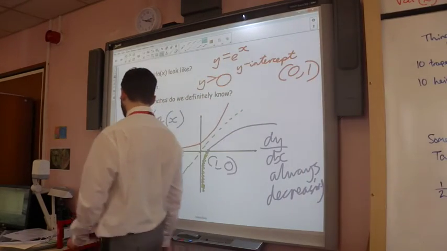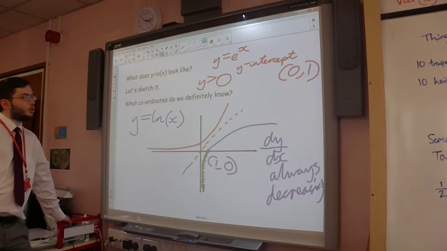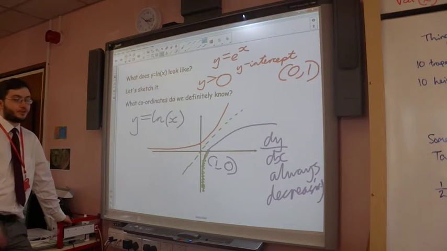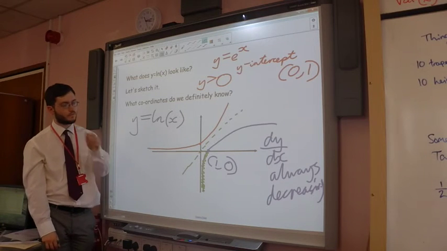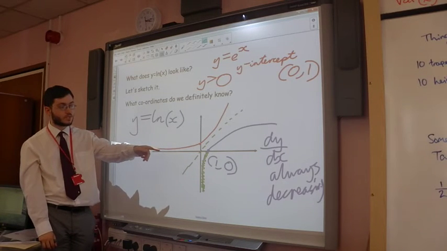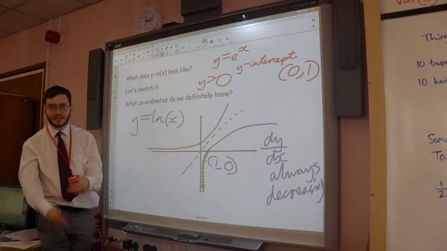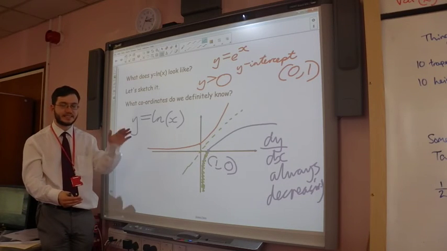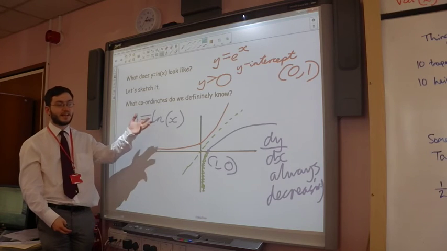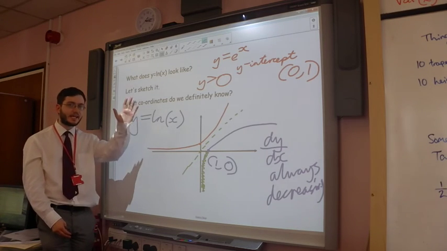So, we have got 3 facts once again. We've got the intercept, the fact that we can only have positive y values, and the fact that the gradient is always decreasing, instead of the exponential function where it's always increasing.